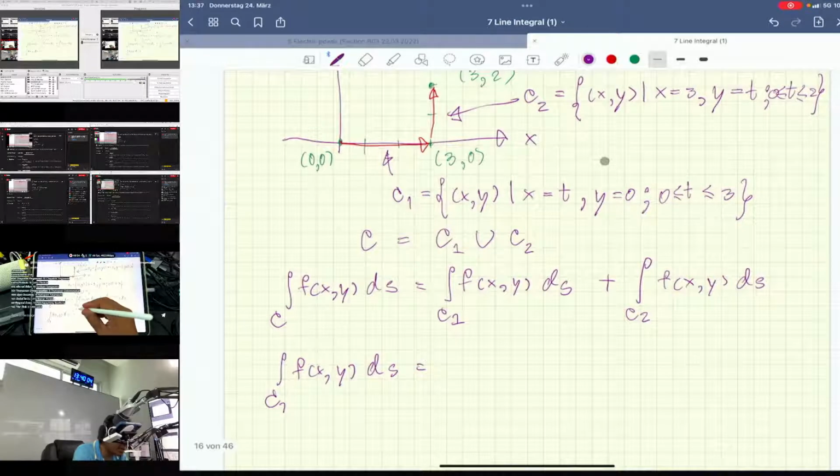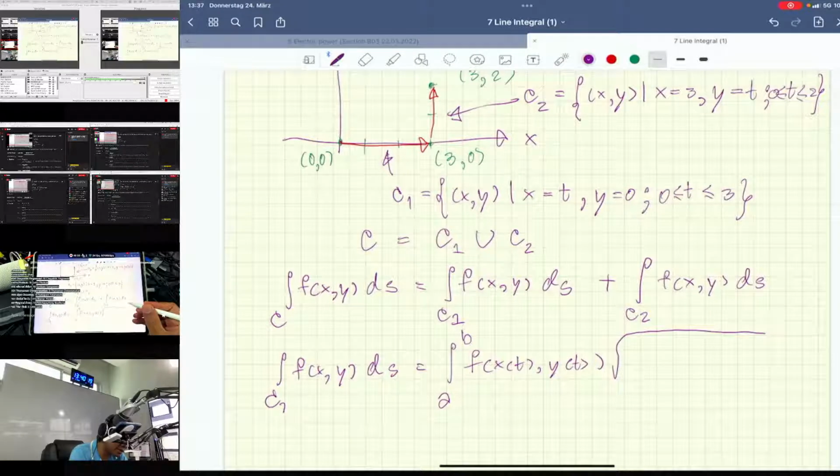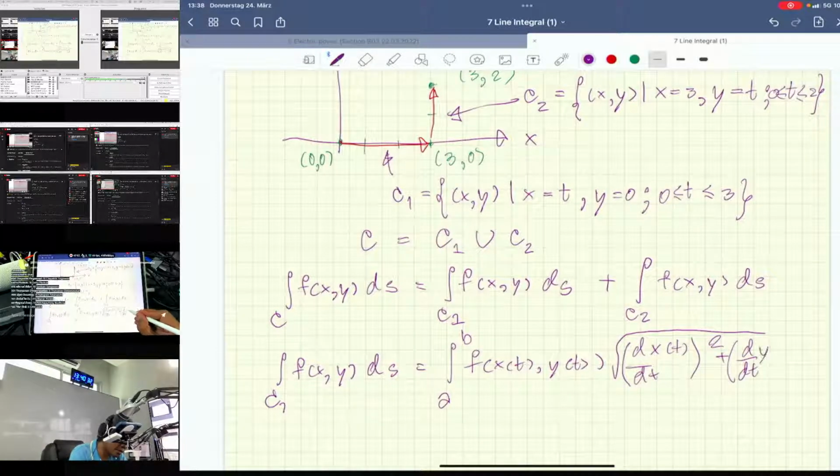And of course, it's going to be the integration from a to b of f(x(t), y(t)) and the big square root of (d/dt x(t)) squared plus (d/dt y(t)) squared, and here is dt, right? Yes, of course.